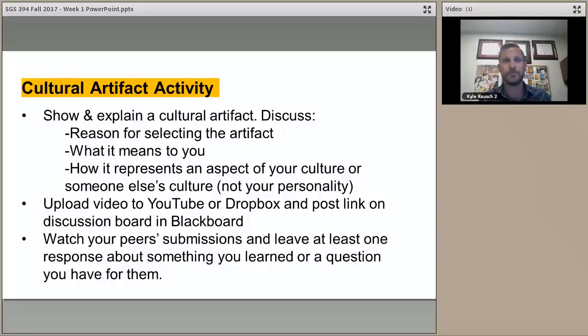So here's my example. I'm choosing my iPhone as my cultural artifact. I selected my iPhone because I think it helps explain several interesting aspects of my culture as a young American professional. First, the iPhone is known to be an innovative piece of technology, and Americans are often regarded by people from other cultures as being innovative.